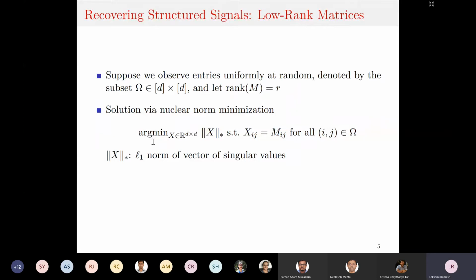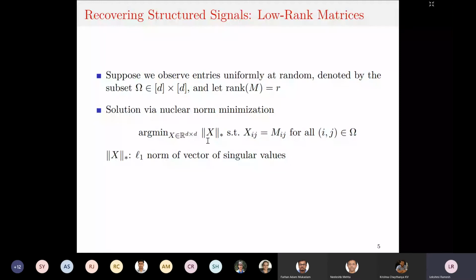And this is motivated from similar ideas as in the sparse vector recovery case. So here, what you would ideally like to find is a low rank matrix. So the vector of singular values of that matrix will be a sparse vector. It will have a lot of zeros because the matrix is low rank. But that is a combinatorial problem. So what you do is you relax it to the L1 norm. So this nuclear norm is basically the L1 norm of the vector of singular values.